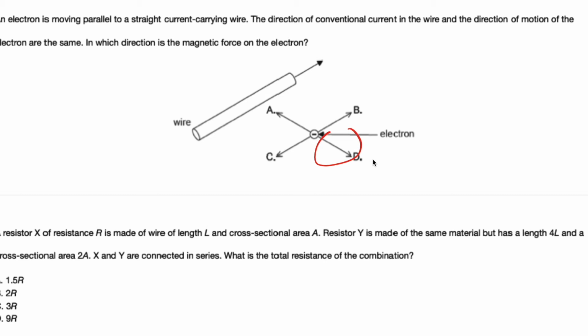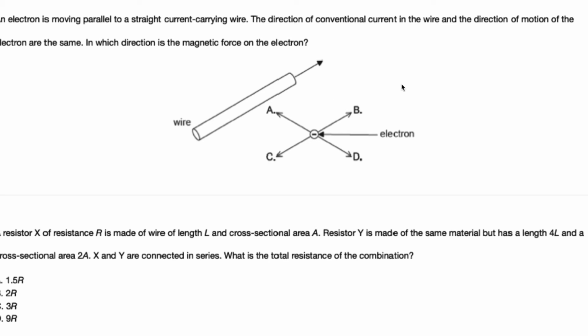Another way of thinking about this problem is by using the right-hand rule. Right. So put your thumb in the direction of this current, and then curl your forefinger. Curl your forefinger here, and then we'll find here the magnetic field is pointing downward.